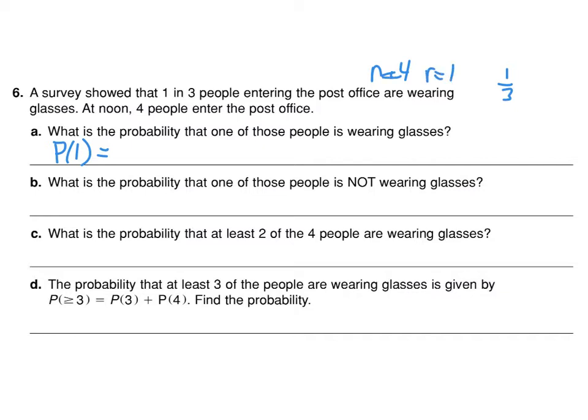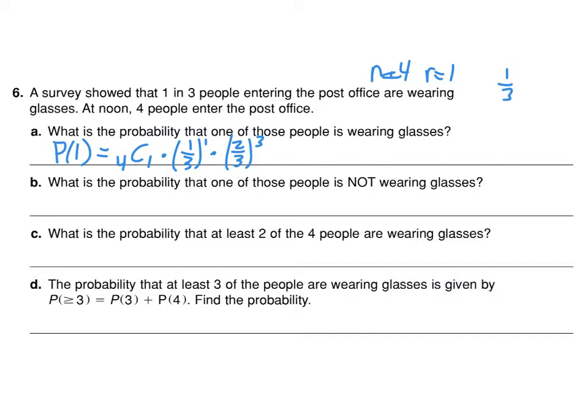So we're doing 4C1 times the probability of success, 1/3, and we're going to have one of those. That's p to the r. And the probability of failure then is 2/3, and there are n minus r, 4 minus 1 is 3, for the exponent there.